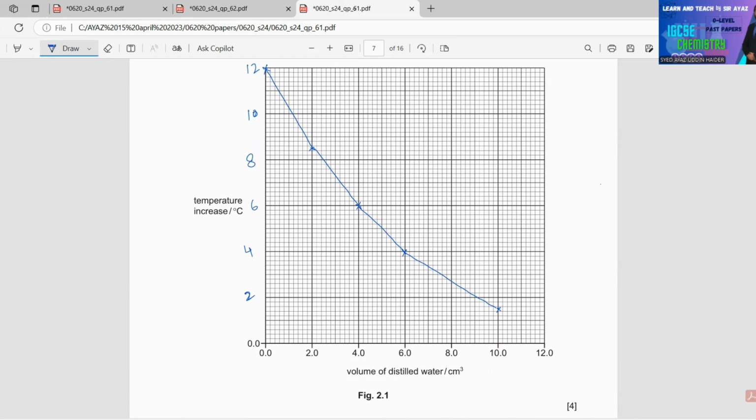This is experiment 1. This is 2. And this is 3. This is experiment 4. And this one experiment 5.